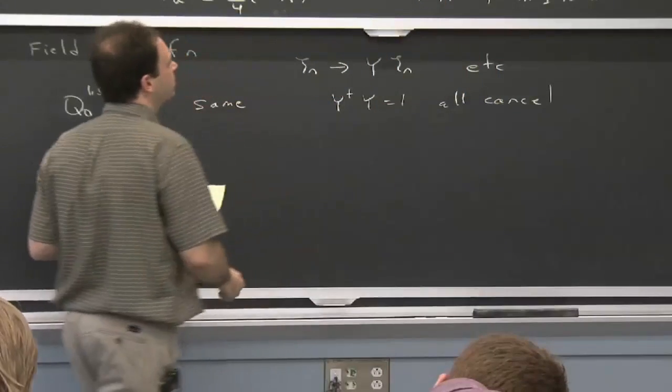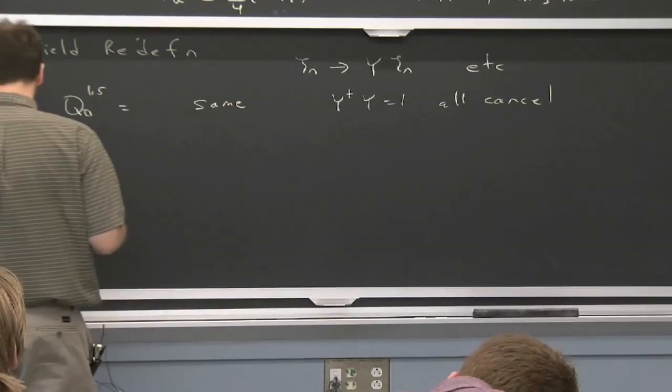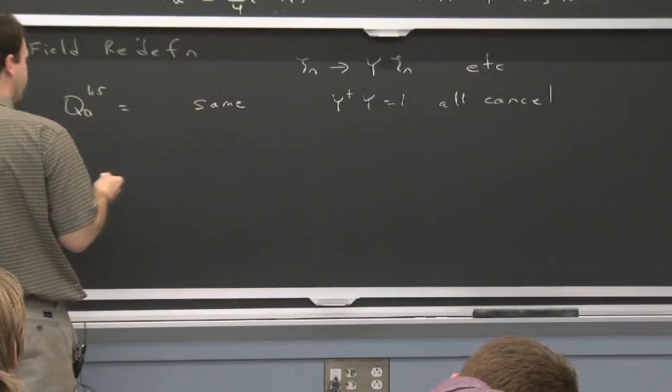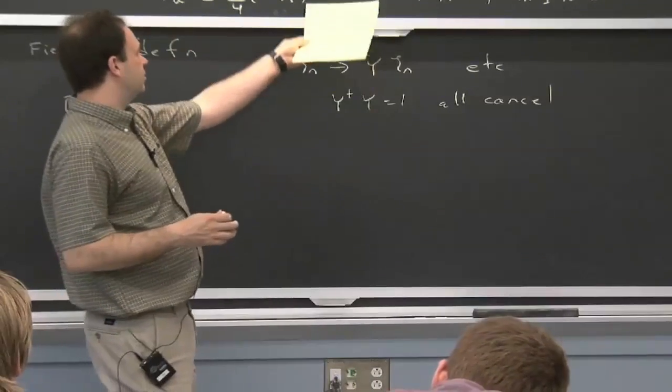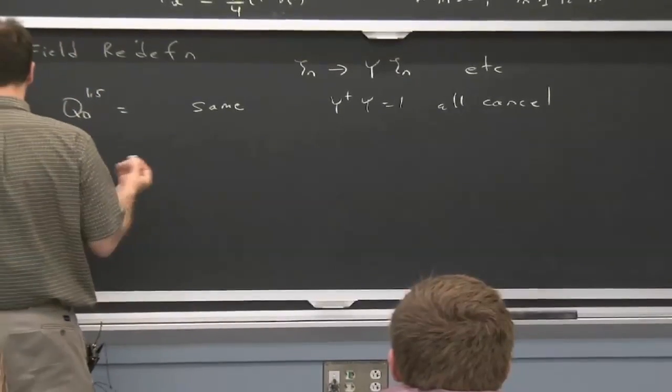In the octet guy, it's not quite that way because we do have, in that case, the Wilson lines getting trapped by the TA. So let me write out that case.